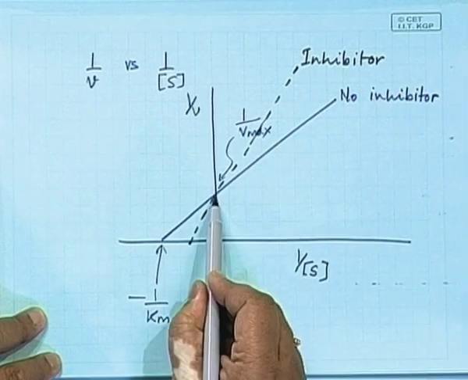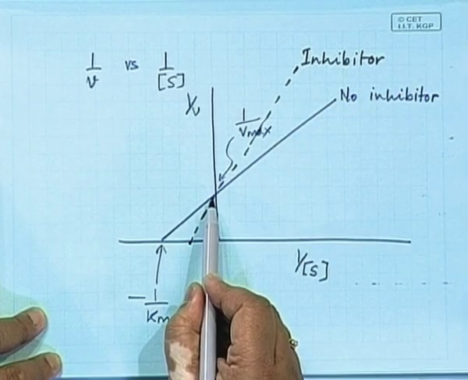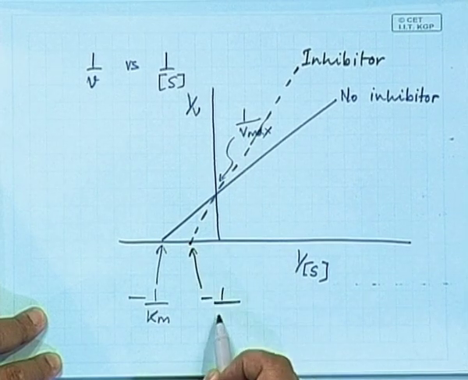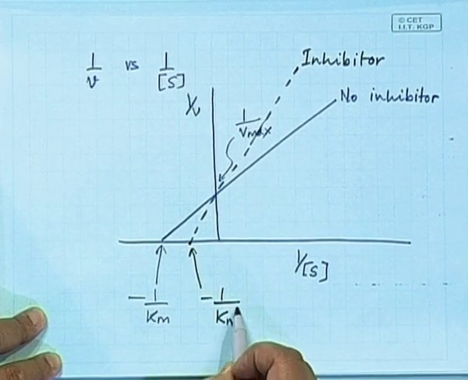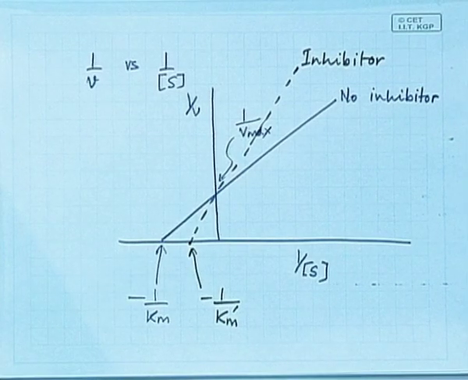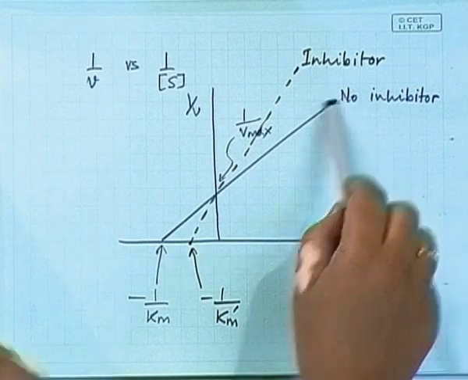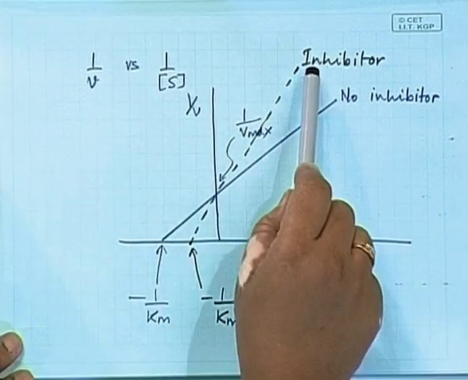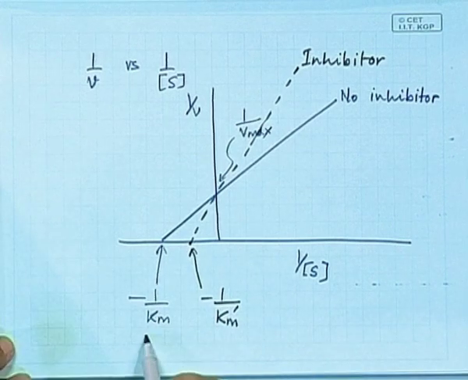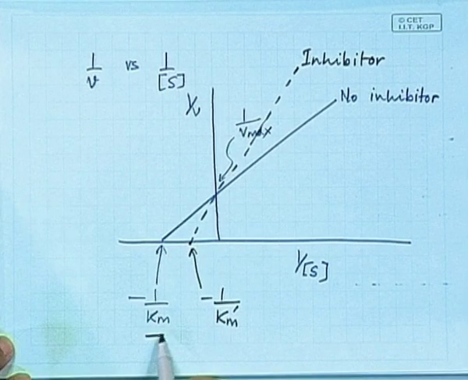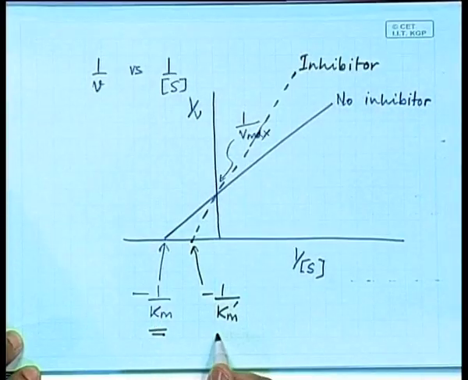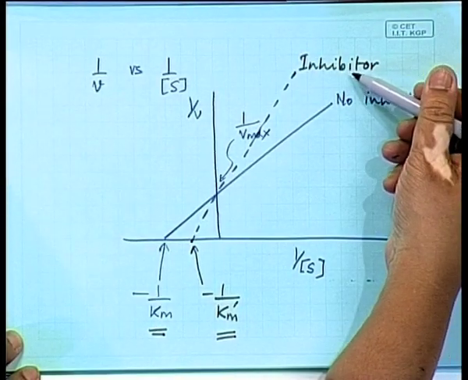I have the same Vmax. One over minus Km prime. Fine. So, I have no inhibitor in one case. In the next case, so what can I now determine? I can determine my Km and the Km prime value for the presence of the inhibitor.